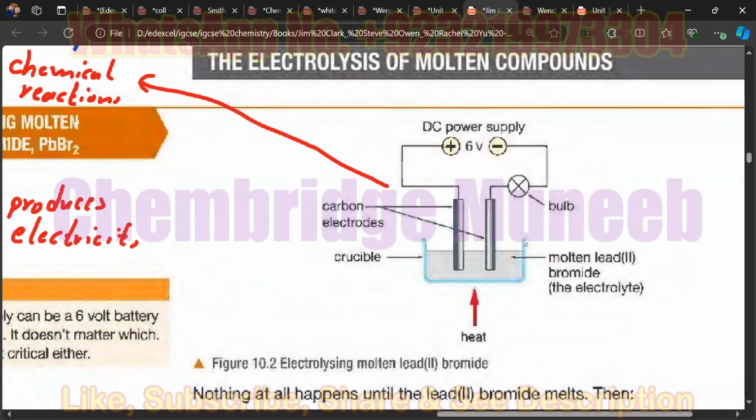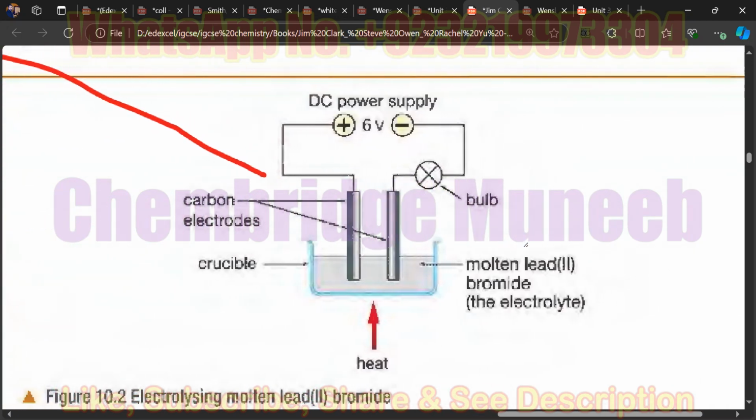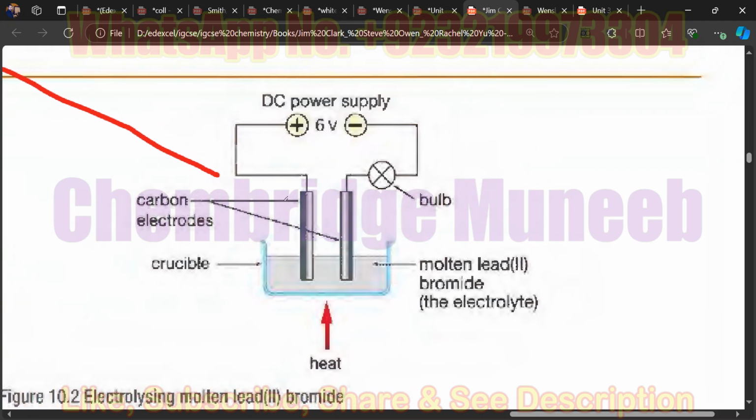Now you can see the construction of the electrochemical cell here. It is based on the battery provided here. We have two electrodes. One electrode will be negatively charged, the other positively charged.